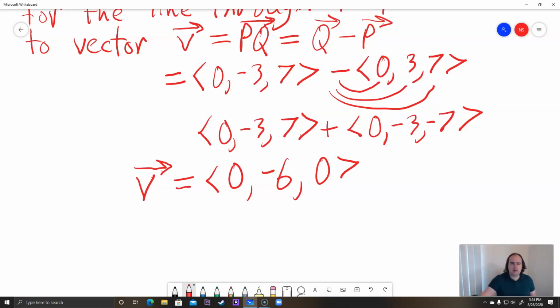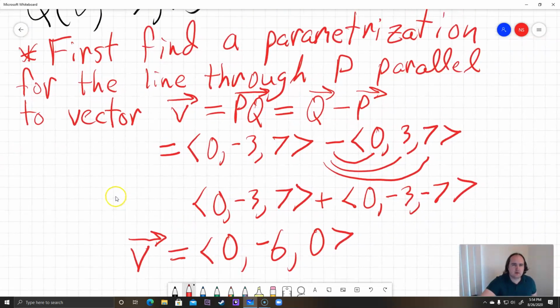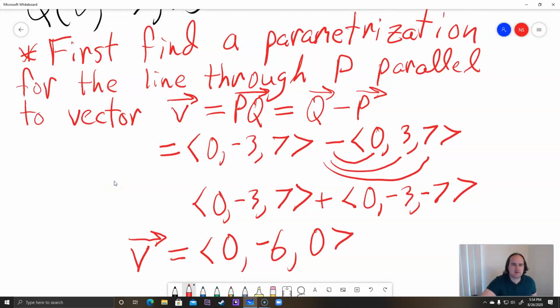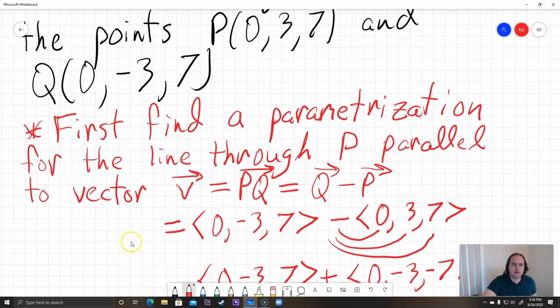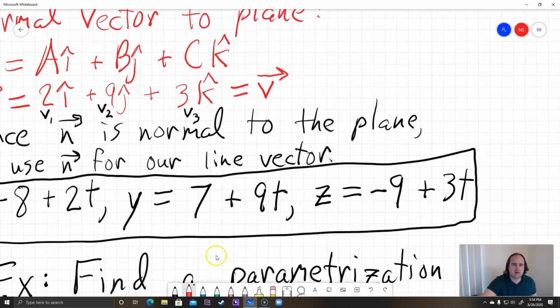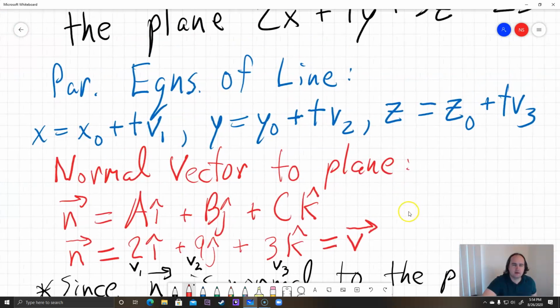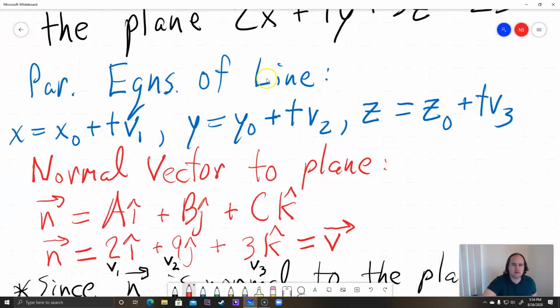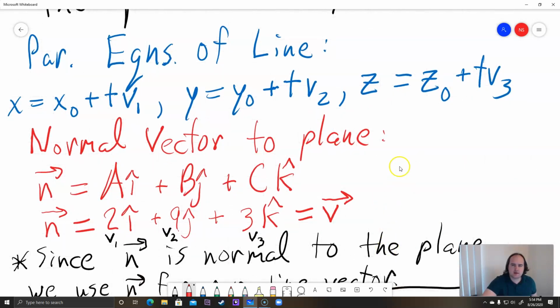Now we're going to write the standard parametrization of the line through point P parallel to this vector. If we go way back up here, I wrote the formula again. The parametric equations of a line are x equals x naught plus t v1, y equals y naught plus t v2, z equals z naught plus t v3. Those are the ones we'll use to parameterize our line.